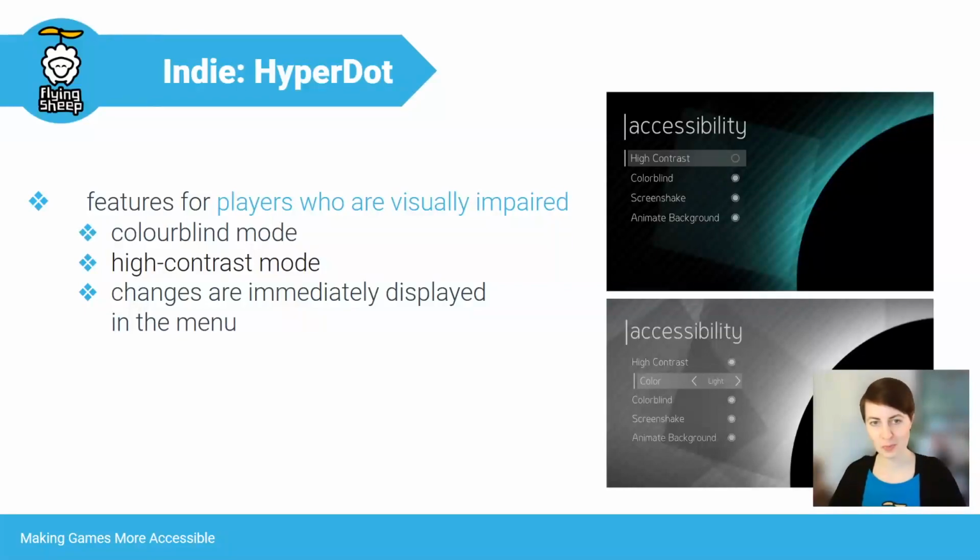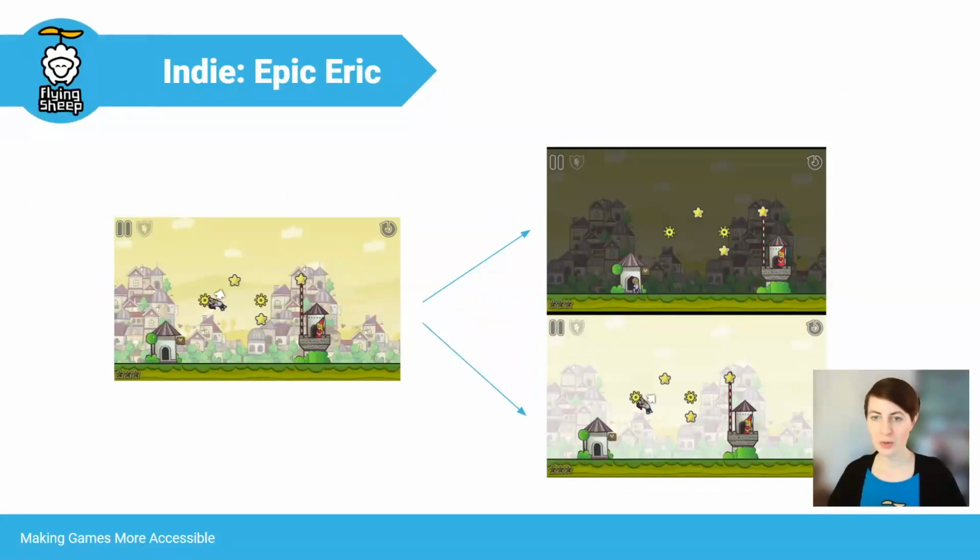And I'd like to use this opportunity, by the way, to show you another example to really point out how easy it can be to implement these kinds of options. There's an indie game called Epic Eric that I discovered through my research. It's a platformer, and the developer wanted to make the game more accessible for visually impaired players by offering a high contrast mode as well.